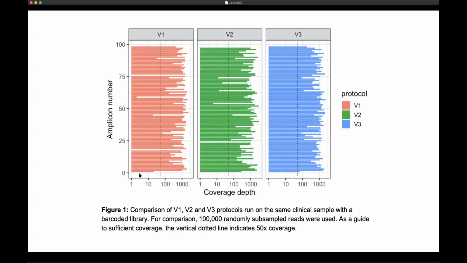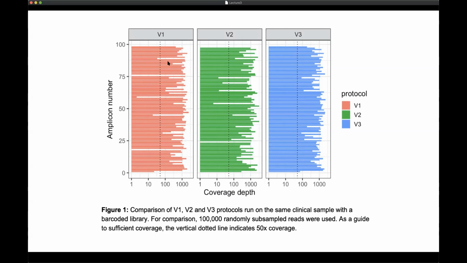Presumably they are from the 5' end of the genome to the 3' end. Each one of those is a couple of hundred nucleotides that's being amplified. And what you see on the x-axis is the coverage depth, so how many reads were successfully generated from a particular amplicon, and 50 is what they consider to be sufficient coverage.